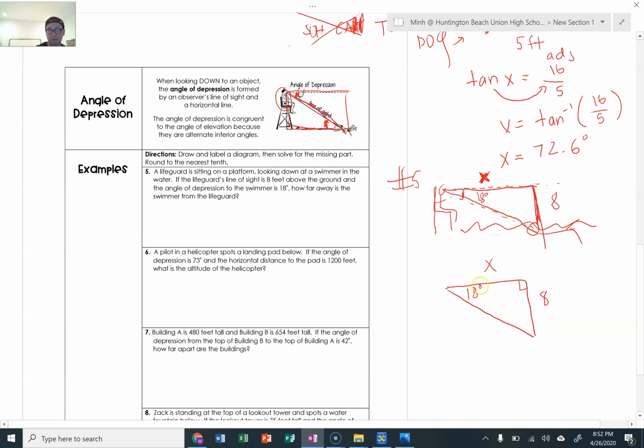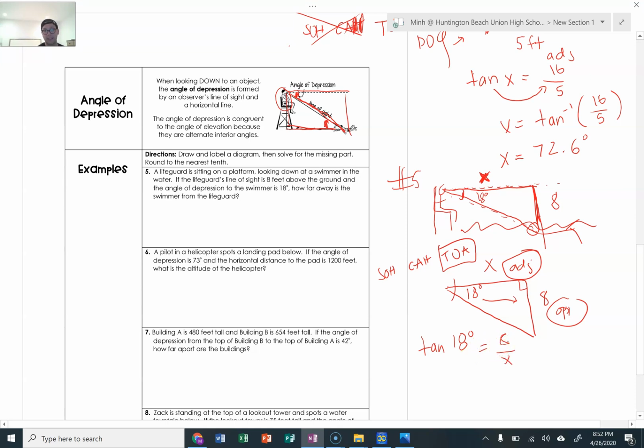My reference angle is 18 degrees. Over here, I have my opposite. Nothing is labeled for my hypotenuse, but I do know that I need to find my adjacent. And this is going to be a little bit of a recurring theme on here. So SOHCAHTOA, since I have my adjacent and my opposite, that means I'm going to use tangent. So tangent 18 degrees is equal to 8 over x.